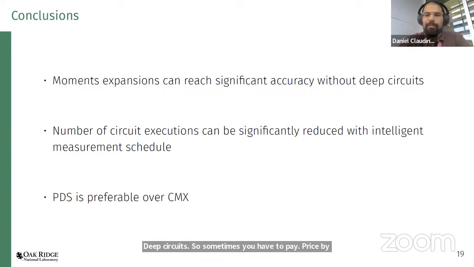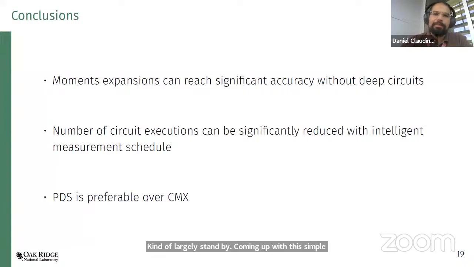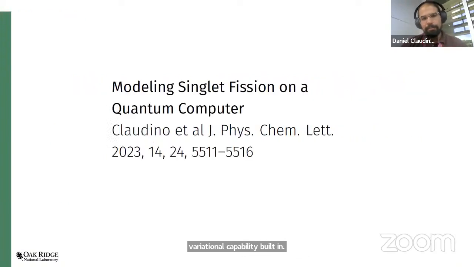I think we can circumvent or alleviate this to a large extent by coming up with simple ideas, like ignoring things that are not important, or keeping track of the strings so we only measure them once, and things of that sort. And with this experiment, we noticed that this PDS expansion, by virtue of having this variational capability built in, is preferable over CMX.